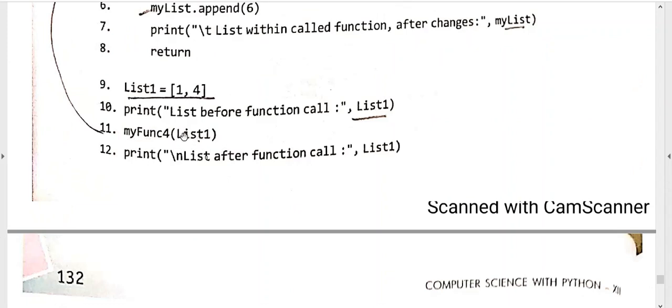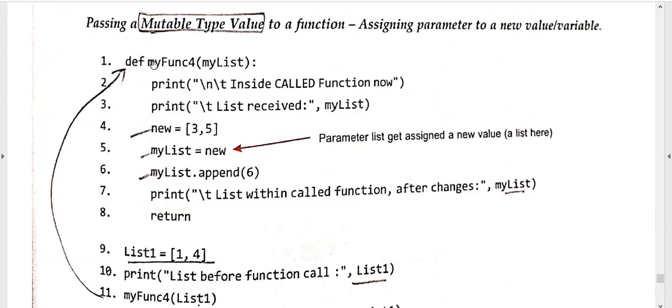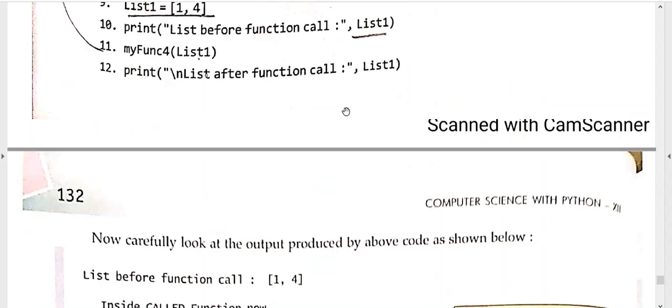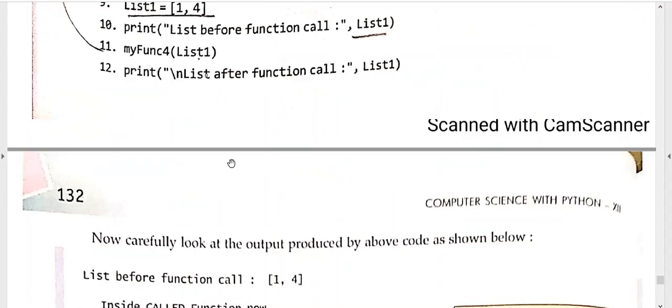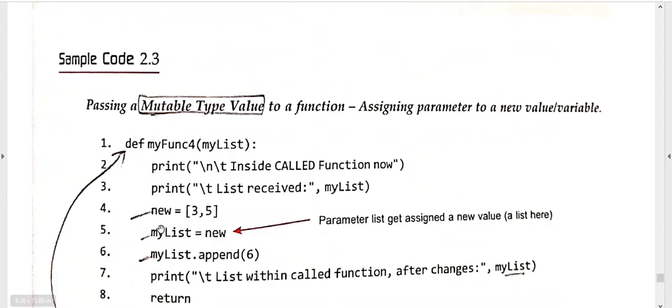Okay, this is a function call, this will take you to the function definition here. Now this list 1 and 4 will be passed here. Now inside the called function, the print function will be used, my list, it will print 1 and 4. You can see inside the called function the list received 1 4, but now what you have done here, you have used a new list.